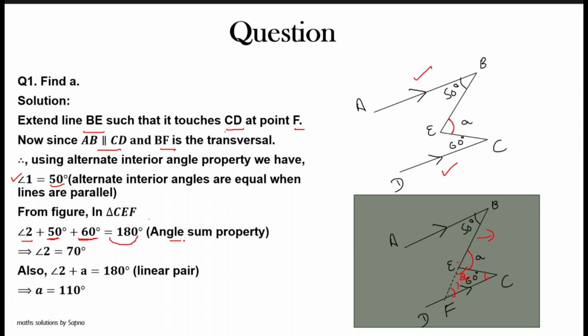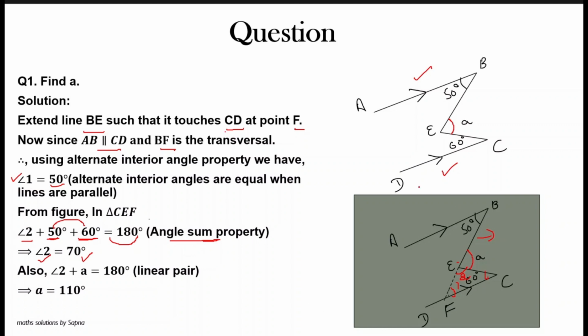Reason: angle sum property of a triangle, which is that the sum of all three interior angles of a triangle is always 180 degrees. So if I solve this, I'll get angle 2 equals 180 minus 110, which is 70 degrees. I hope that's clear. So angle 2 is 70 now.